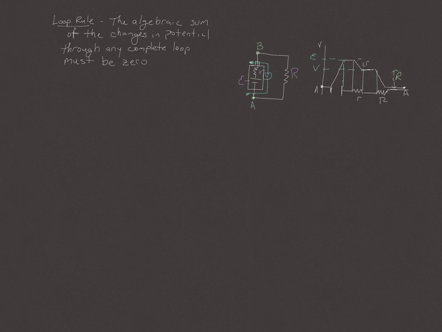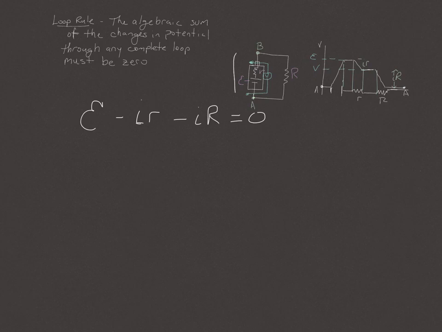Okay, as we move from A to A, we're going to go through the battery, and we're going to gain potential equal to the EMF. And then we're going to lose potential equal to the current times the internal resistance. Then we're going to lose the rest of it through the other resistor, and that's going to equal 0.